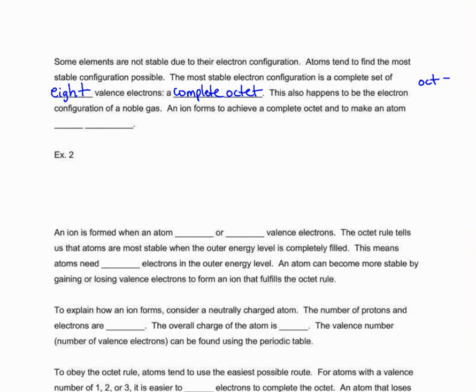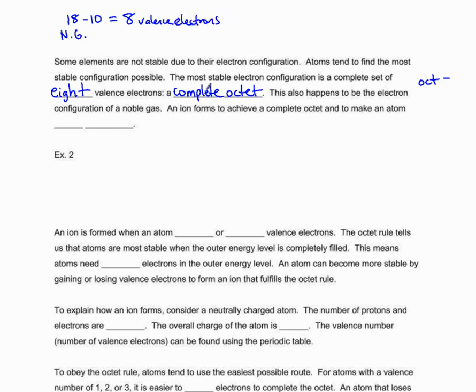So this also happens to be the electron configuration of a noble gas, of any noble gas. So remember, we have group 18. Group 18 is the noble gases. And remember, to find the valence electrons for groups 13 through 18, we subtract 10. And so that tells us 8 valence electrons.